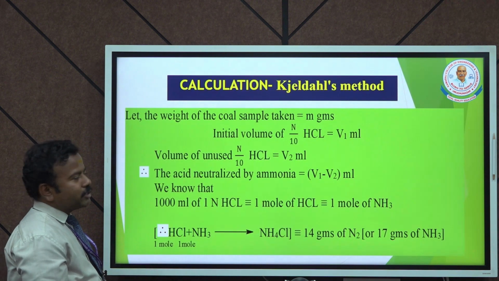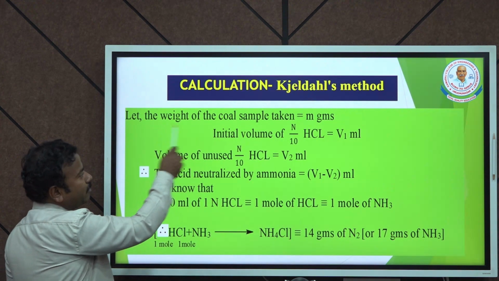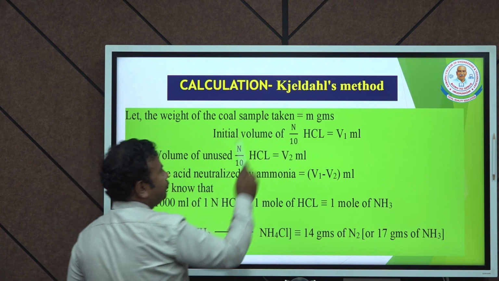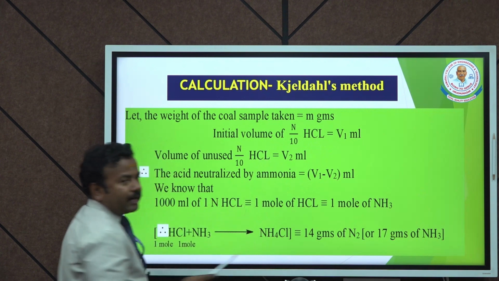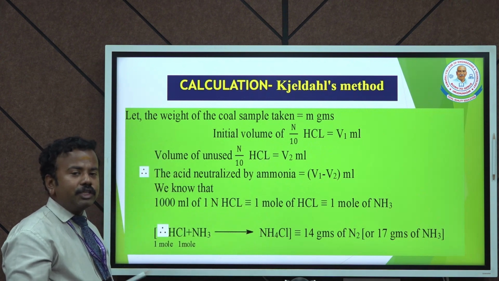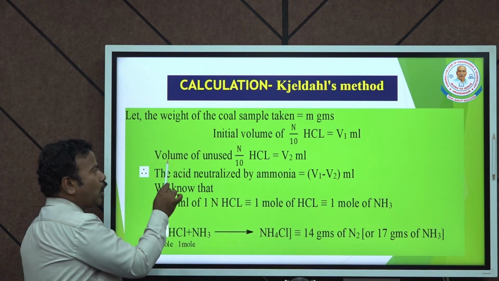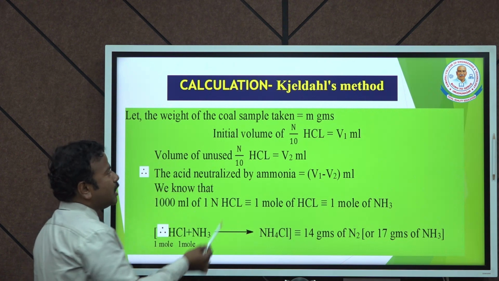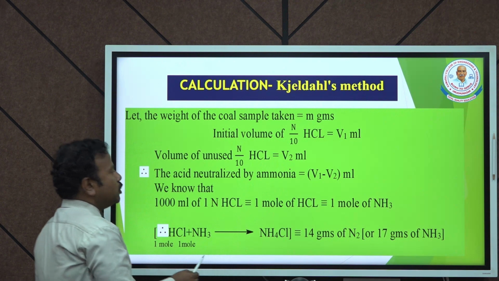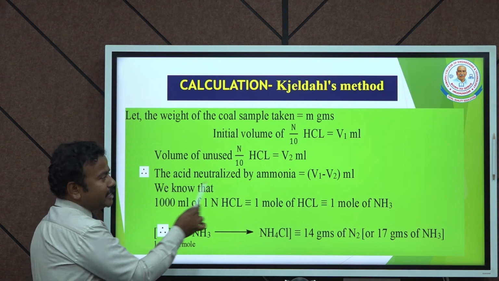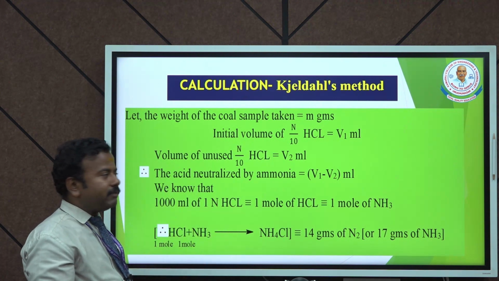So this is the calculation of the Kjeldahl method. The weight of the coal sample taken is m grams. The initial volume of N/10 HCl taken is V1 ml. The volume of unused N/10 HCl is V2 ml. So the acid neutralized by ammonia is V1 minus V2 ml.